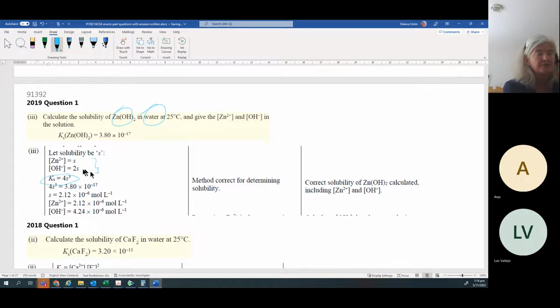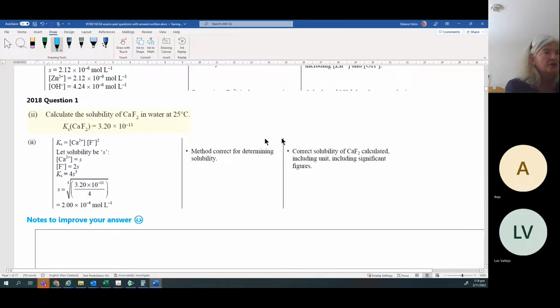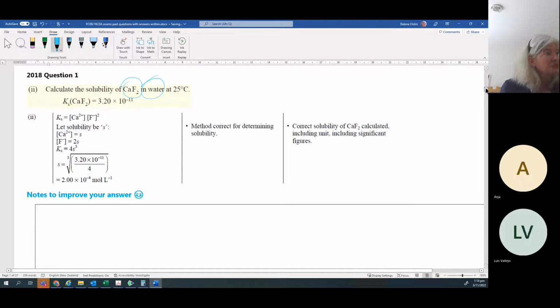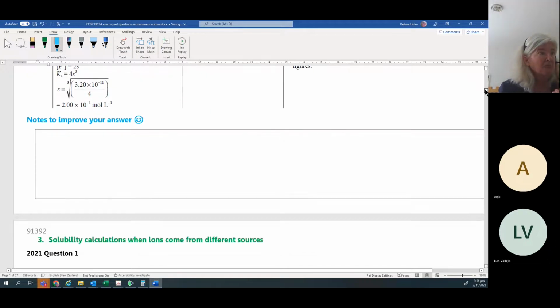And remember to define what S is. Don't just assume your teacher knows what S is. Here again, you can see you've got one substance in water, so again, you can use Ks is equal to 4S cubed. And actually, for the last 4 years, they have not used Ks is equal to S squared, although they do sometimes put that in.